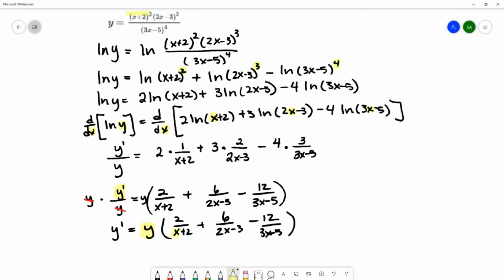So the original problem gave me the value of y in terms of x's. So I'm going to substitute that in for y. And that's x plus 2 squared times 2x minus 3 cubed over 3x minus 5 to the 4th.